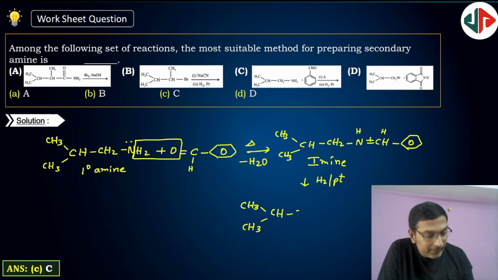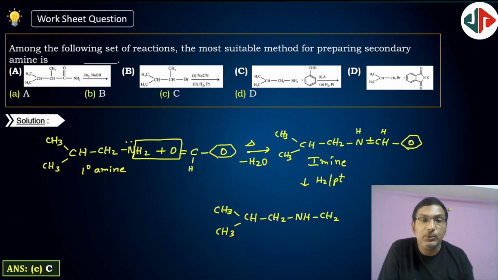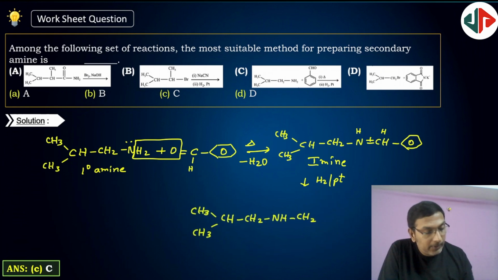Here remove one bond and add hydrogen and hydrogen. We will get CH3CH2CH2CH2NHCH2 and the benzene ring. So this is the compound here, NH.